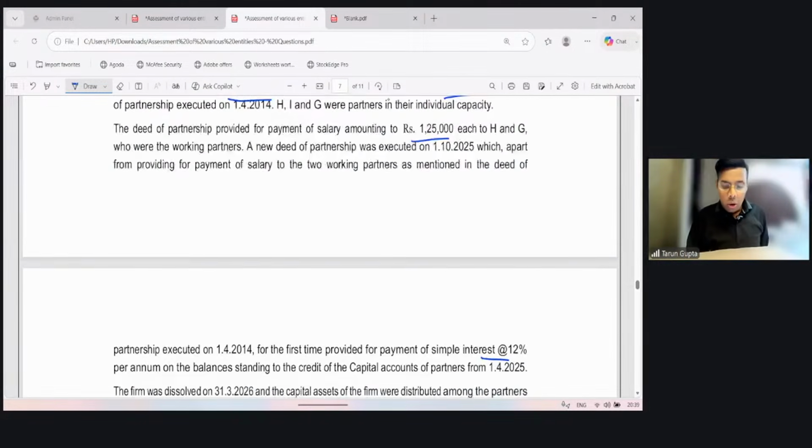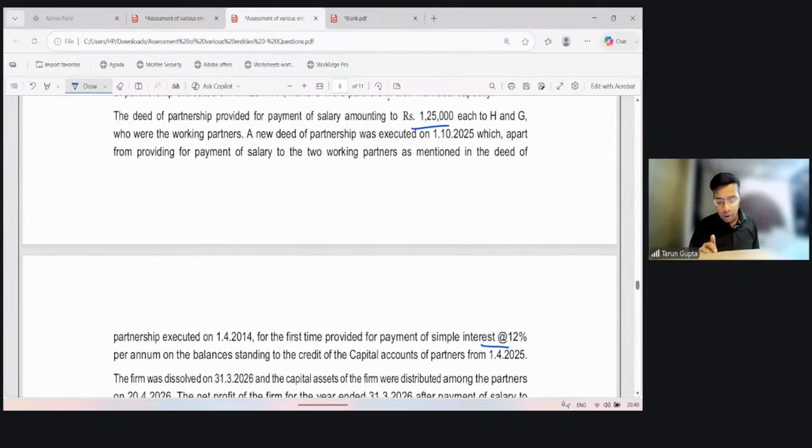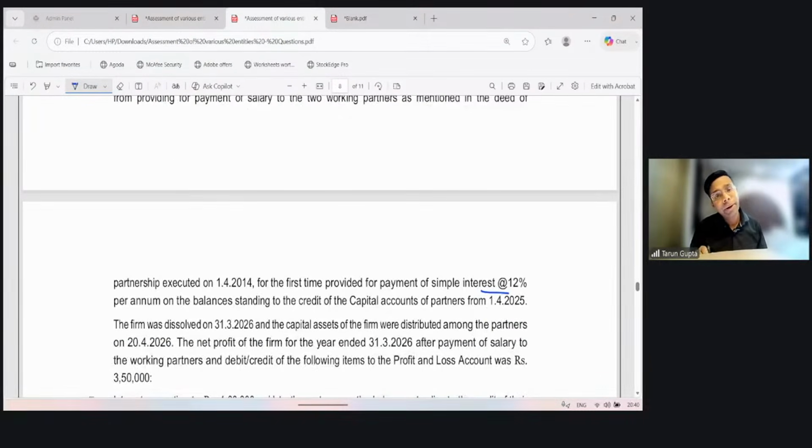Okay. So what are the facts? There's a deed effective from 1st April 2014, which provides for payment of salary of 1,25,000 each to H and G, who are working partners. Now, they have entered into a supplementary deed on 1st October, and such deed for the first time provides for payment of simple interest.